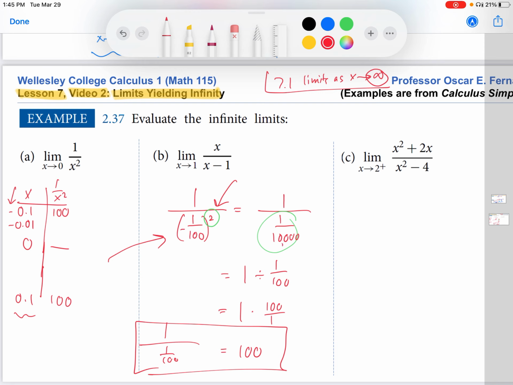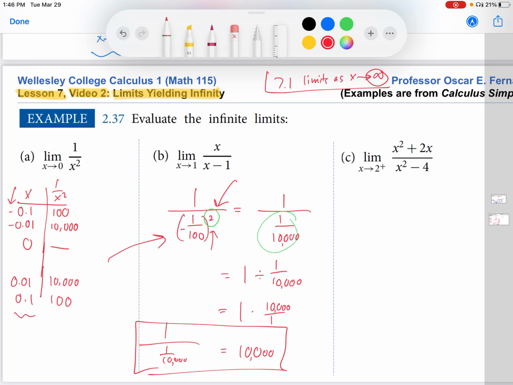So then 1 over 10,000. When I'm dividing by that, I'm multiplying by 10,000. So over here, 10,000. That is what the output is. It doesn't matter if it's plus or minus again because it's a square. So the same thing happens over here with 0.01. I get 10,000.